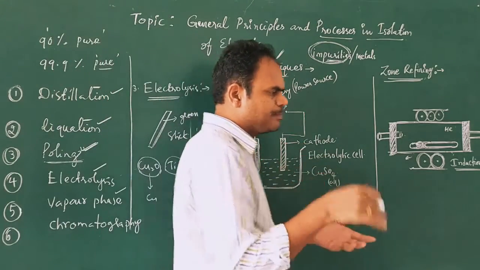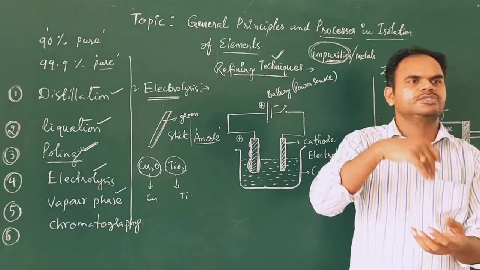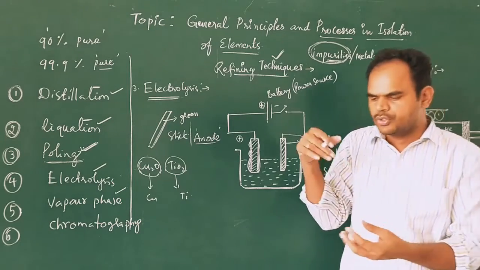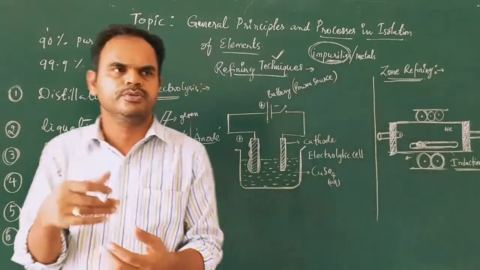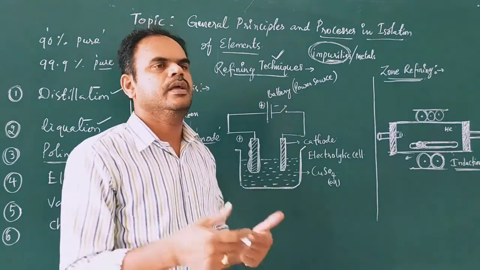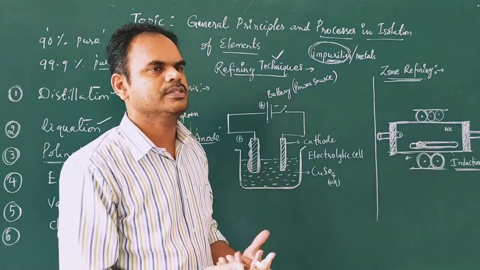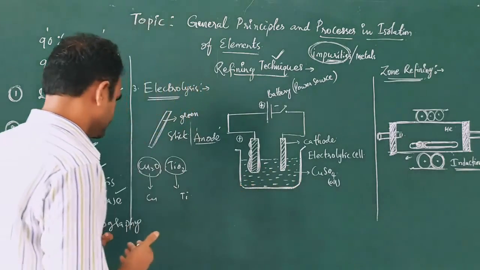While stirring, the pole containing the green sticks releases hydrocarbons. Those hydrocarbons will reduce the impurities, and then pure copper and pure tin are obtained by the reduction process in the poling principle.